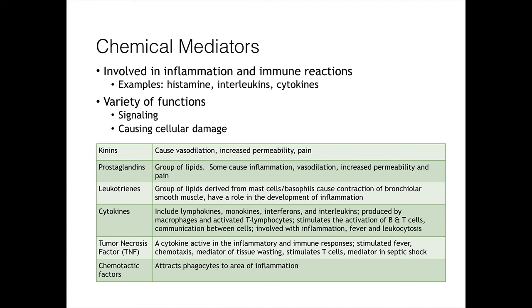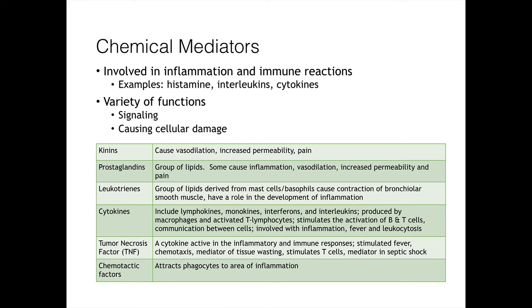They stimulate the activation of B cells and T cells and also facilitate communication between cells. They're short-distance communicators. They're definitely involved with fever, inflammation, and chemotaxis, the calling of white blood cells to the area, which is what leukocytosis means. Tumor necrosis factor is a cytokine that's very active in the inflammatory and immune response.